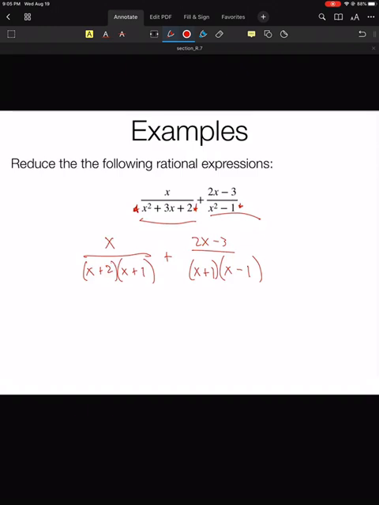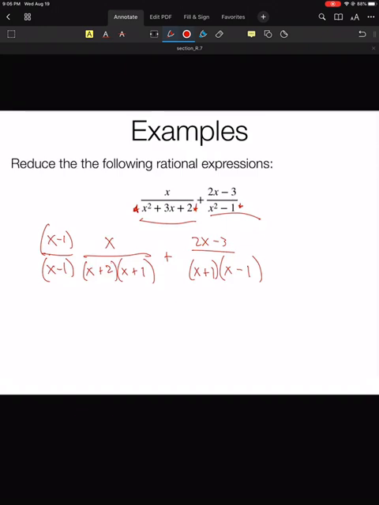And what's missing on the right side is an x plus 2. So, to fix this problem, we're going to multiply this left-hand side on the top and the bottom by the quantity x minus 1.